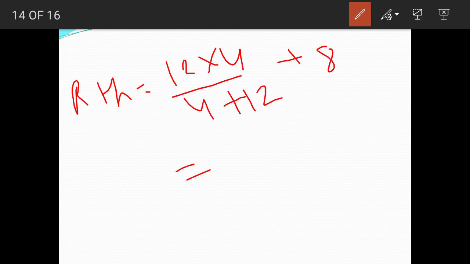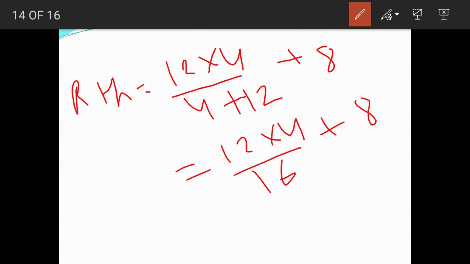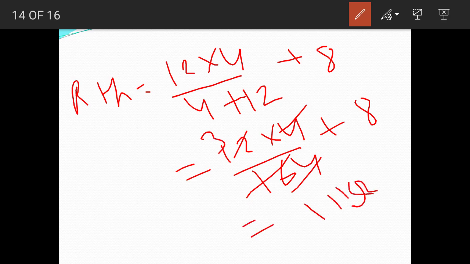That is 12 into 4 upon 16 plus 8, so 4 into 3, and the value becomes 11 kilo ohm.